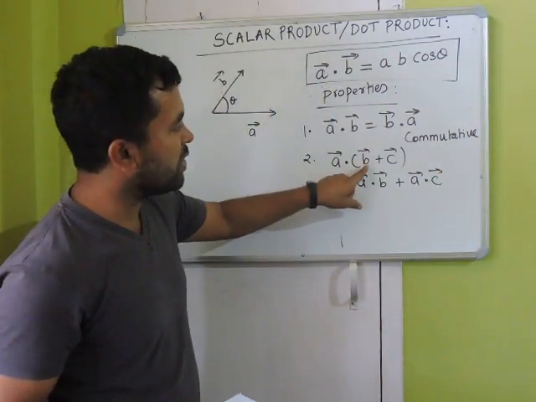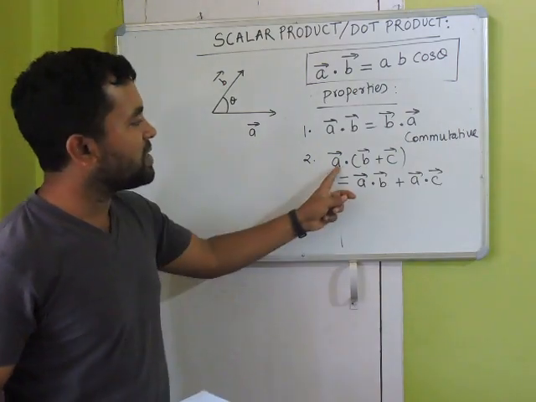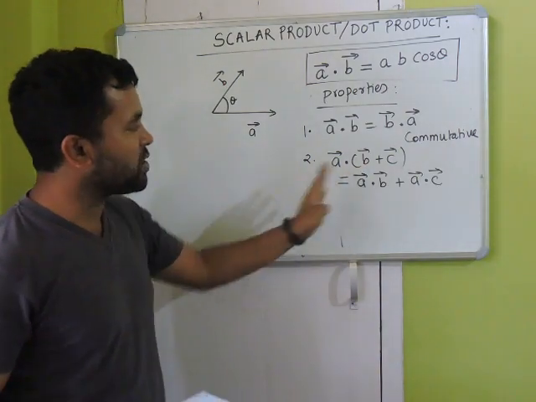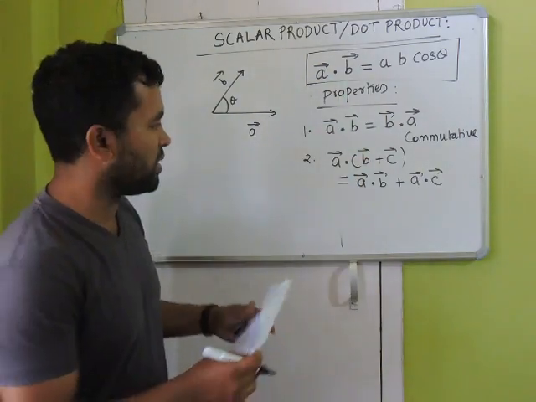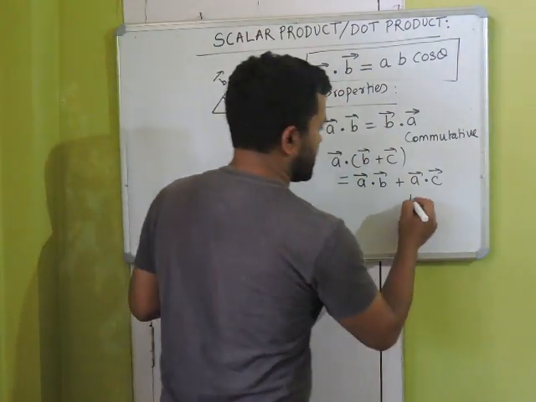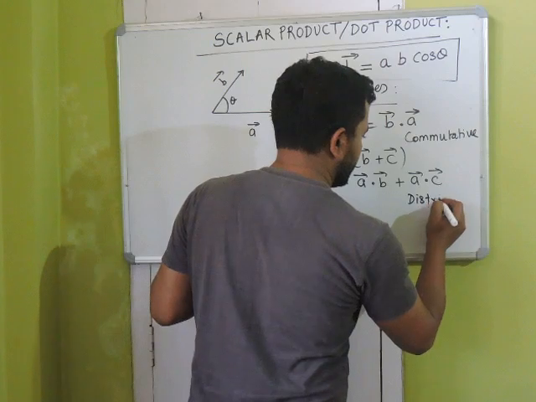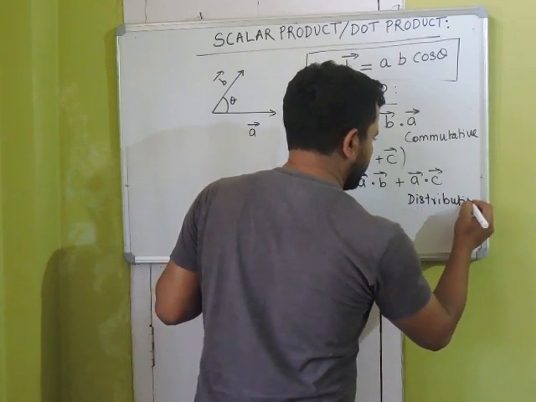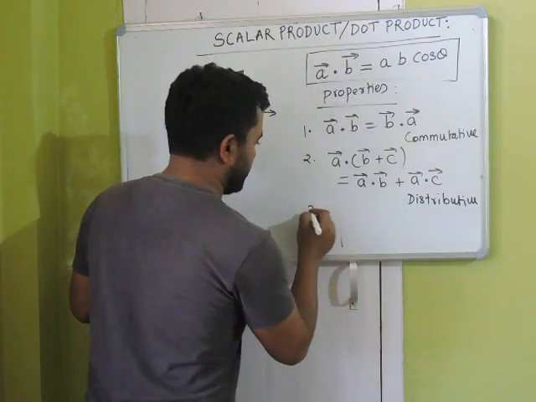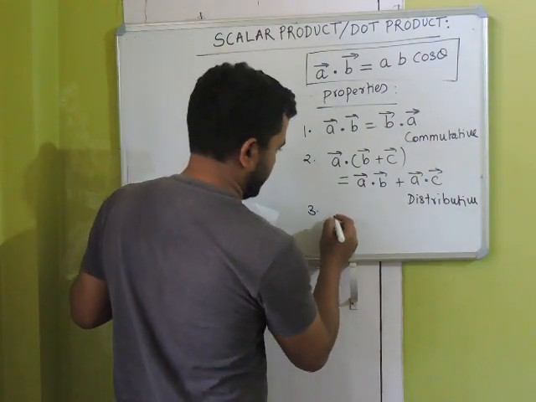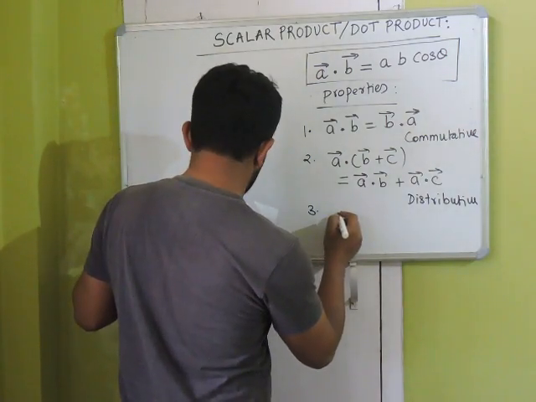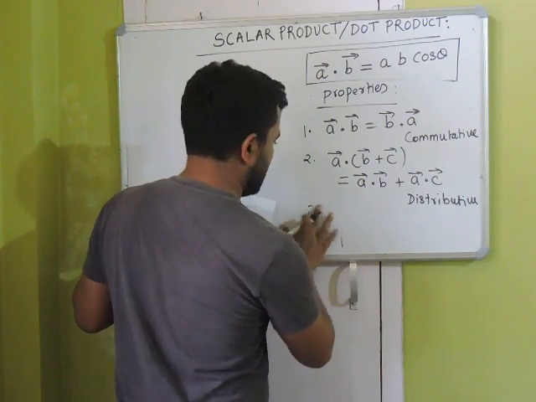A will get distributed to B and C. This is just like multiplication, but it is not multiplication. This dot has a special significance. So this is called the distributive property.